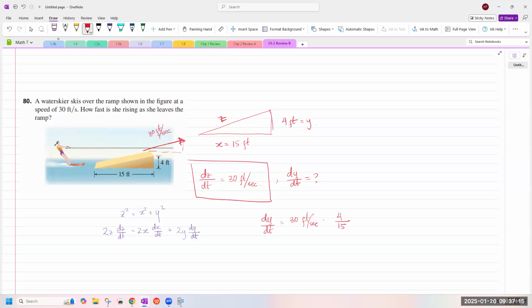Oh no, not 4 over 15, 4 over the square root of 15 squared plus 4 squared, which is basically the sine of the angle theta here. Okay, that's what I think will happen.